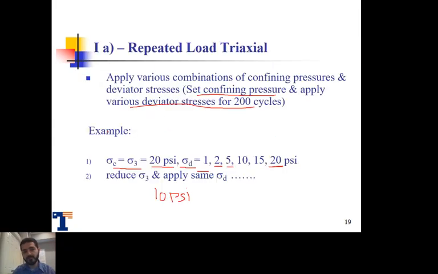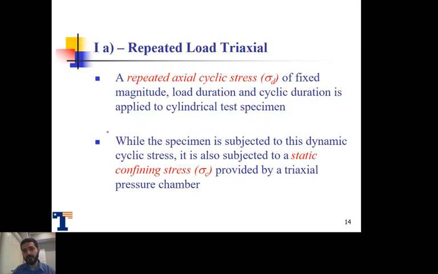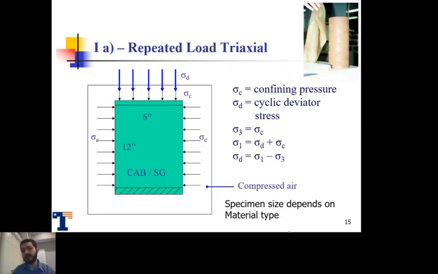So if you recall from here all the way to here, sigma 1 is sigma d plus sigma c. So sigma d in this case was 1 plus sigma c, which is 20. And that's why from the top it's going to always be 21. From the side, sigma 3 is 20. And from the other dimension, pointing inside the slide, this is another 20.